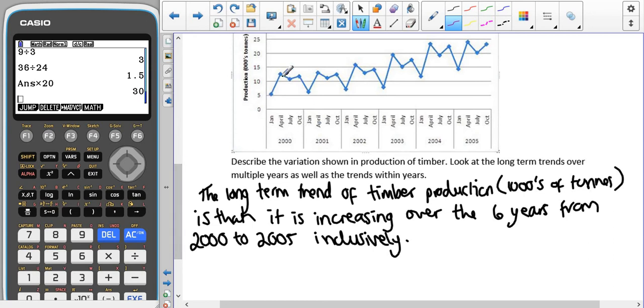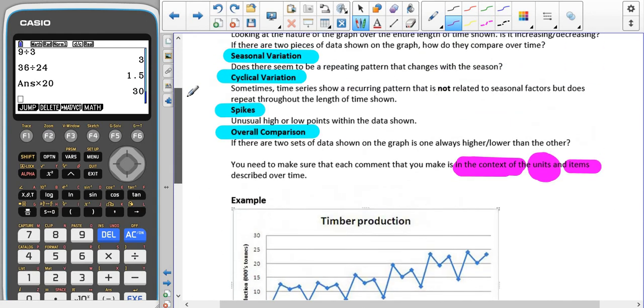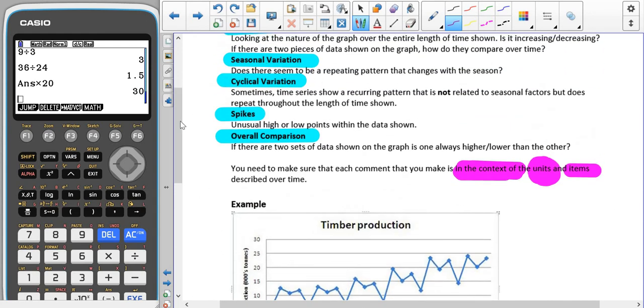Because this is happening within the seasons, because these are what we call quarters, they have split the year into 4 pieces, we can see that this is definitely a seasonal variation, not a cyclical variation.